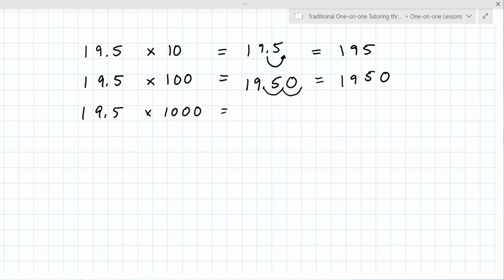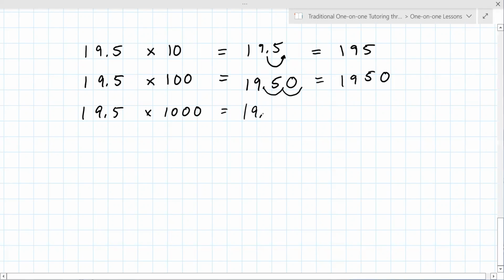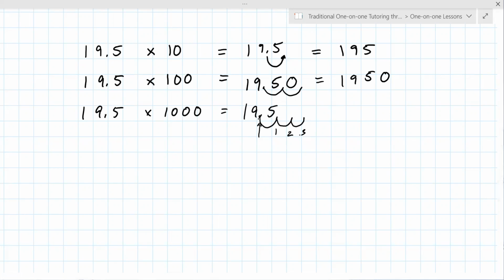Do you have to start the decimal point on the 19.5? Yes, you start there. So that's 0, where the decimal point is. And then when you go to the right, that's 1. You go to the right again, that's 2. Then you go right again, and that's 3. Okay, I got it.